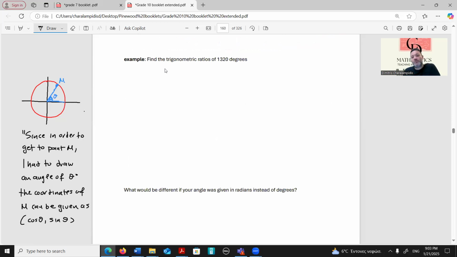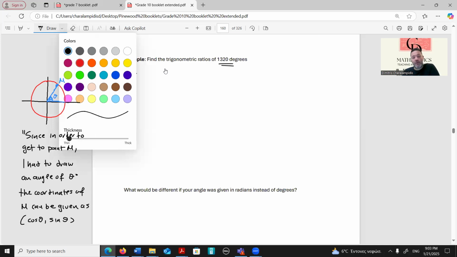Find the trigonometric ratios of 1320 degrees. Obviously, it is an angle which is greater than 360 degrees. Now, we need to divide 1320 by 360. When I was your age, however, I didn't do it like that. I found it easier to just add. So I would say 360, another 360 is 720, another 360 is 1080, another 360 is 1440.